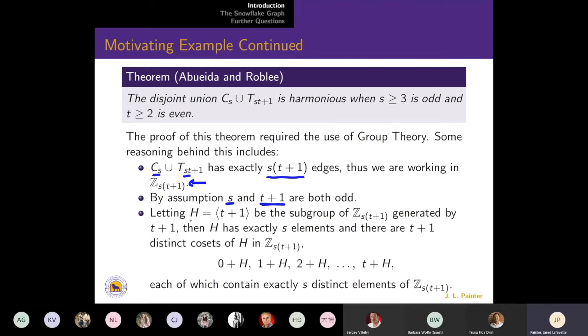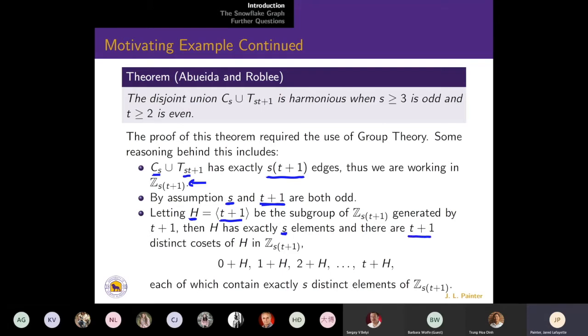Here's how we introduce our cosets to help us label this graph. We let H be the subgroup generated by T plus 1. We know that H is going to have exactly S elements in it. If you actually write out the elements in H, there's going to be S things in there.